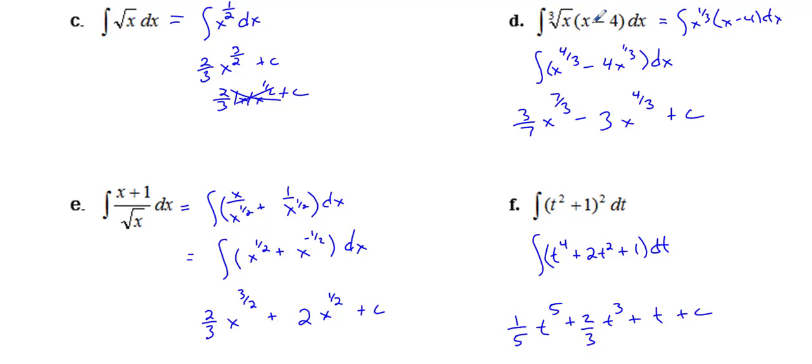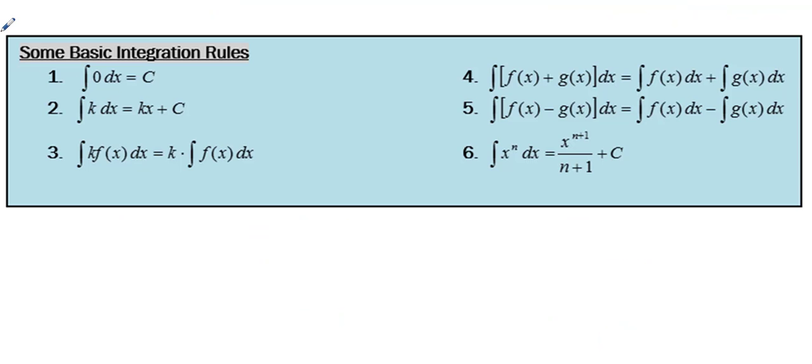Can we solve it that way? No, you couldn't do this one. You'd have to multiply this one out. I wish there were easier ways. There's an anti-chain rule, kind of. It's called U substitution. It's different, but okay.